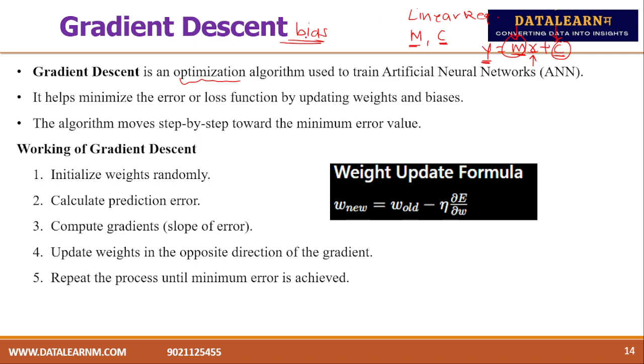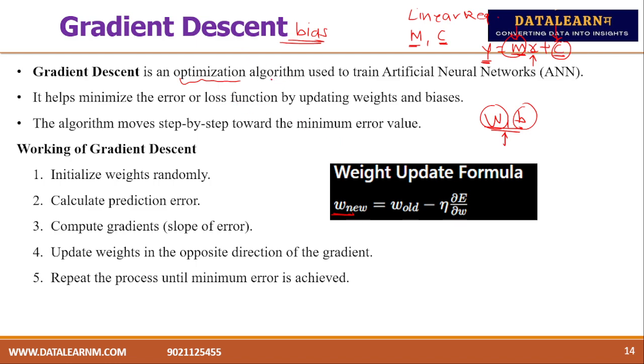Same way, here you will have values of w and b which are optimized with the help of a gradient descent optimizer. A number of optimizers are there. Right now we are just focusing on gradient descent, which will give you the optimized value of w and b. Right now we will just try to understand it for w. Same procedure will be followed for b as well.